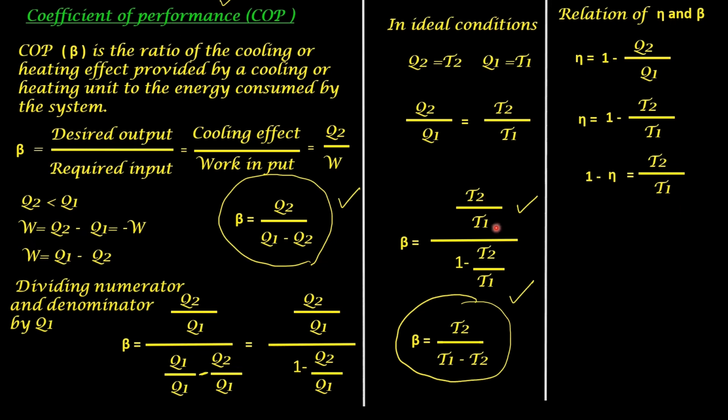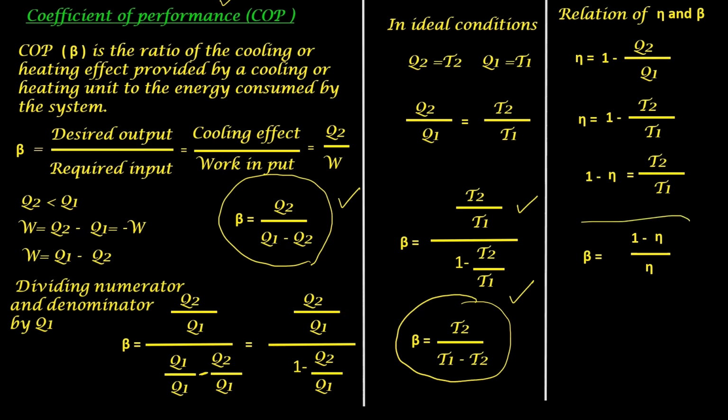This T2 by T1 can be represented as 1 minus eta. And 1 minus T2 by T1 is equal to eta. So we substitute that here. Then the equation becomes beta is equal to 1 minus eta by eta. This is the relation between beta and eta.